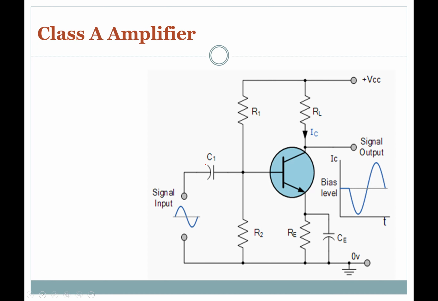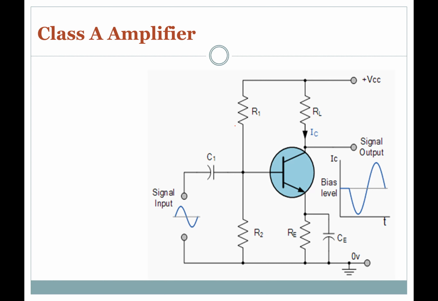So we quickly move on to the Class A amplifier. The diagram you see here is basically a Class A amplifier. Okay, so the simple transistor circuit you see in this diagram is a Class A amplifier.